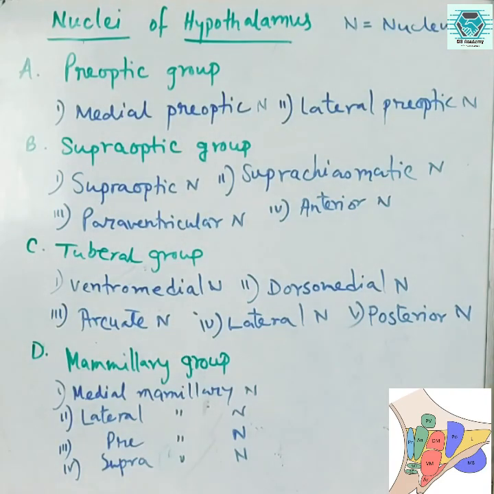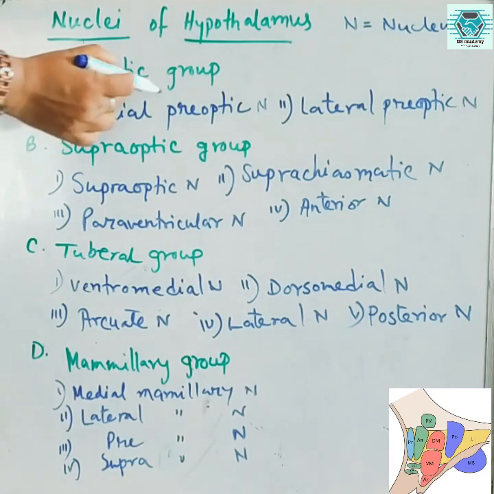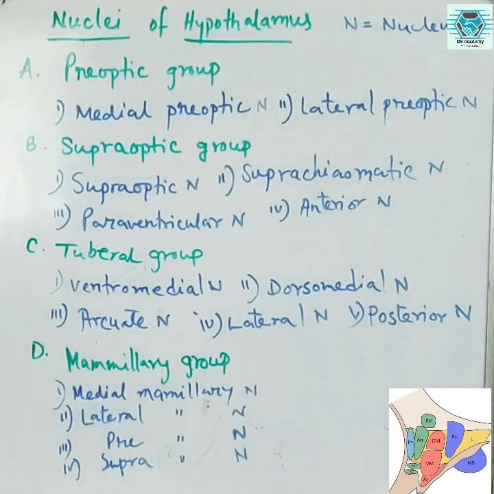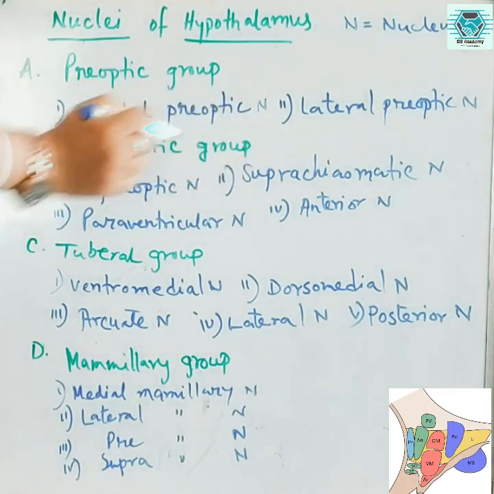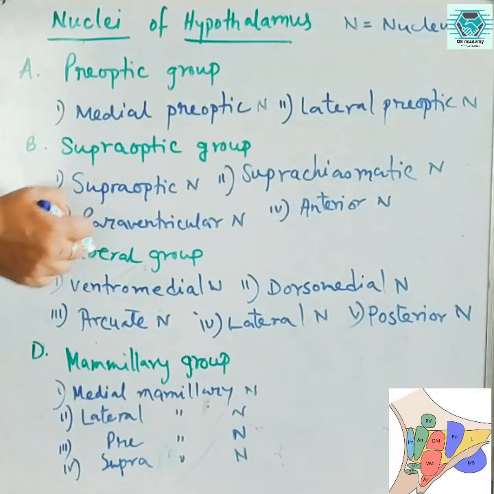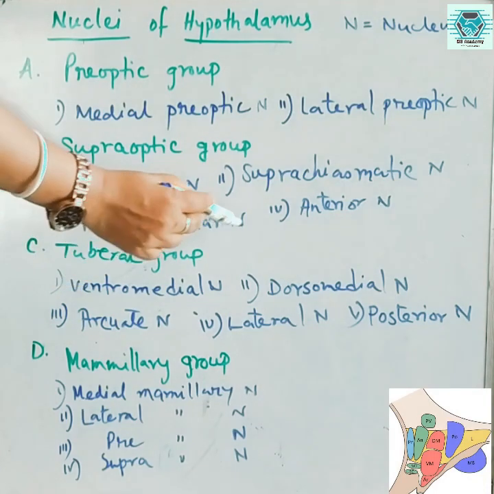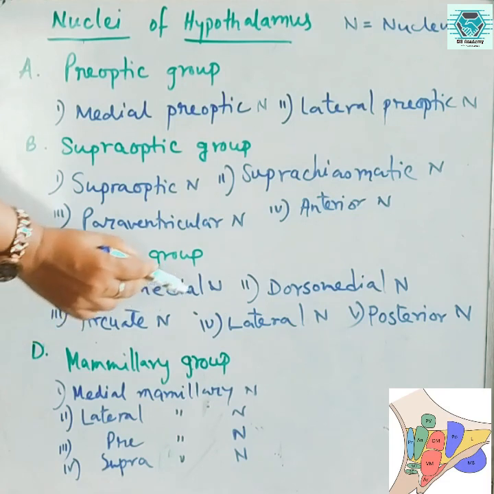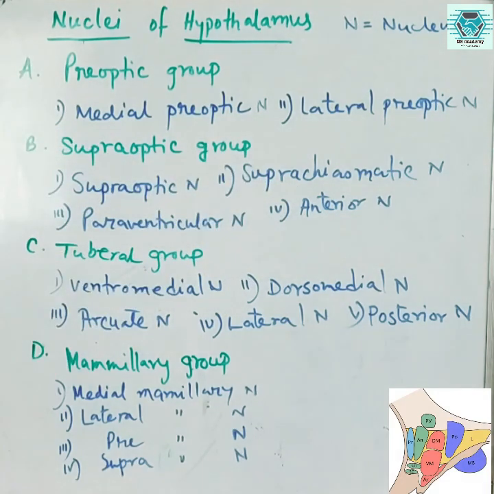Now see, the hypothalamic nuclei are separated into four groups. The preoptic group has medial preoptic nuclei and lateral preoptic nuclei. In the supraoptic group, there are supraoptic, suprachiasmatic, paraventricular and anterior nuclei, and the tuberal group has ventromedial, dorsomedial, arcuate, lateral and posterior nuclei.